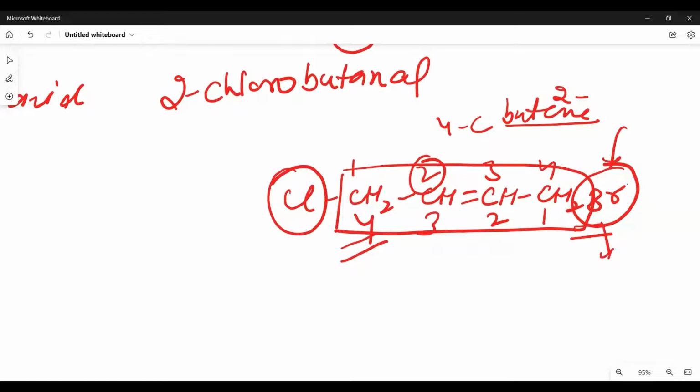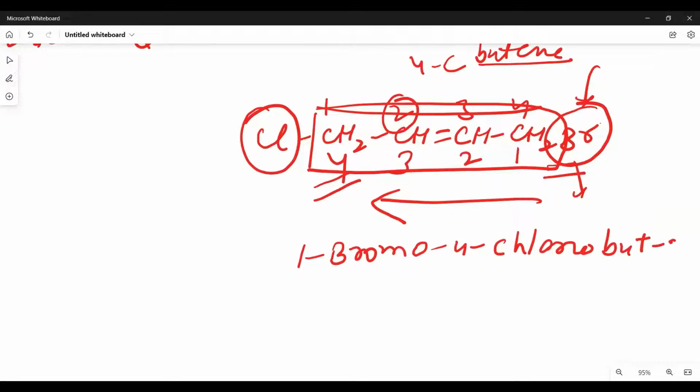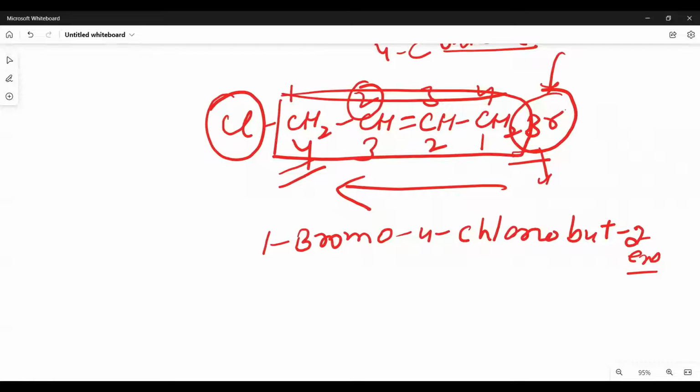So the lowest number will be given to the bromine as compared to chlorine. So the numbering will be considered from right to left, and the nomenclature will become 1-bromo-4-chloro-but-2-ene, or 2-butene, whatever you can write. So that will be the nomenclature for this particular compound.